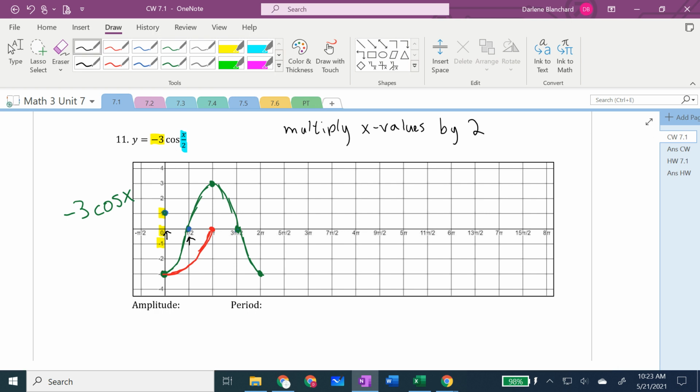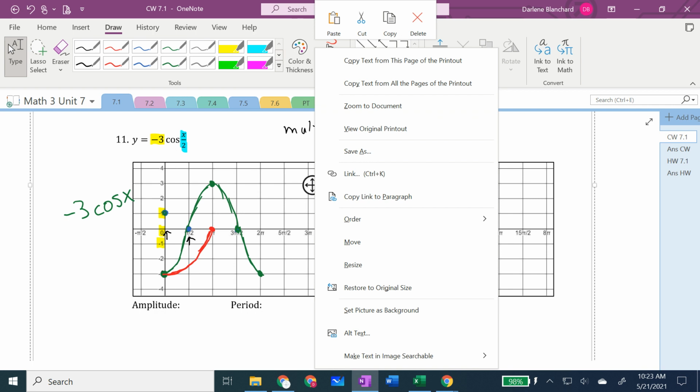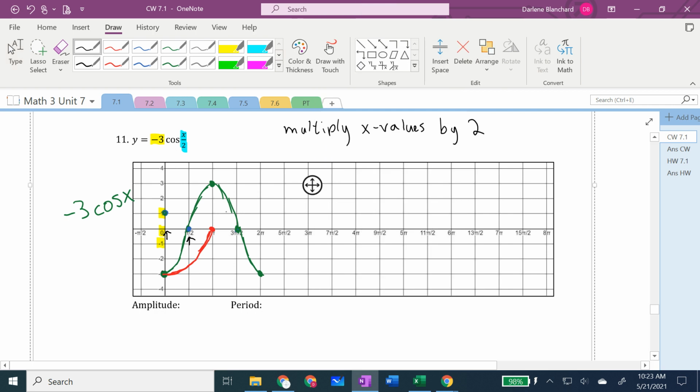Then where I previously, for my parent graph, had pi, I'm going to double pi. This is where the point is at. That goes over to 2 pi. And so my new point gets stretched over to 2 pi. And now we can see the first half of that graph being stretched.